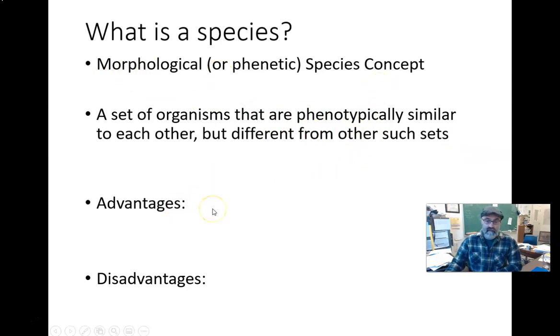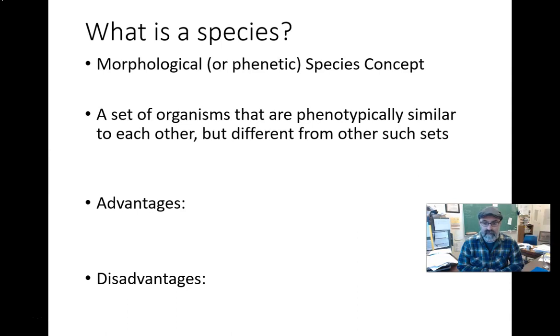So some advantages: it's a fairly intuitive and simple concept to understand, and simplicity is good. In many cases, this concept can be applied by people who don't have expensive equipment, and that again is good too.